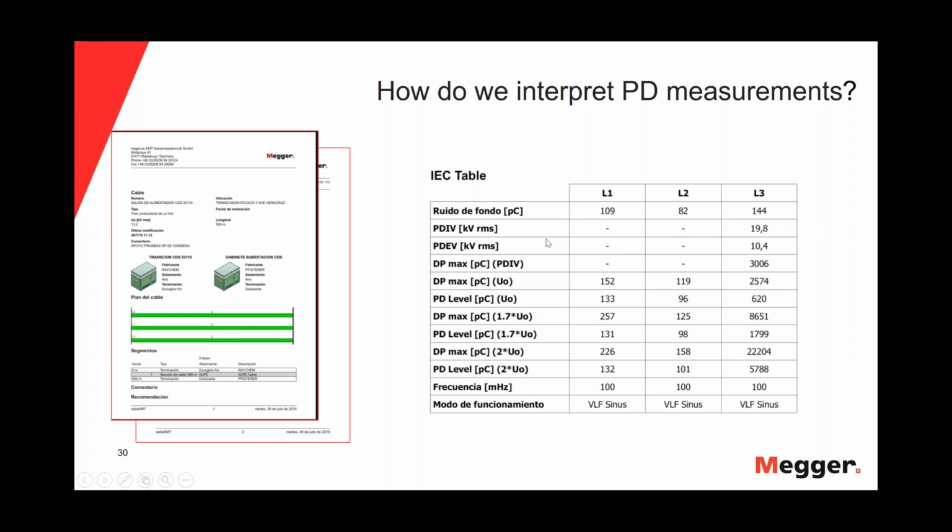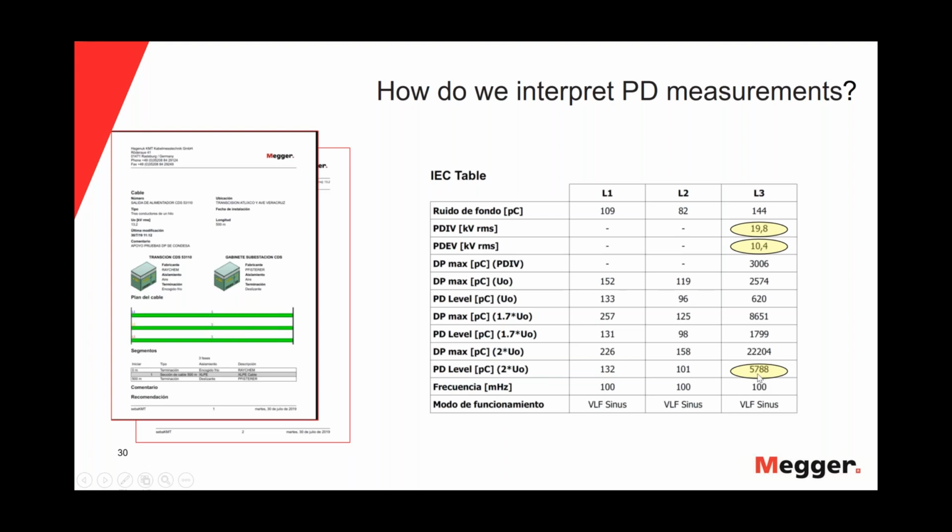But in the phase L3, you can see that the partial discharge inception voltage was 19.8 kV, and the partial discharge extinction voltage was 10.4 kV. On the other hand, in the phase L1 and L2, we didn't find any kind of PD activity. And the other very important parameter is the PD level and maximum voltage. In this case, we applied up to 2 times U naught.